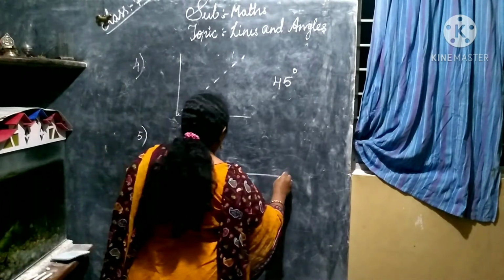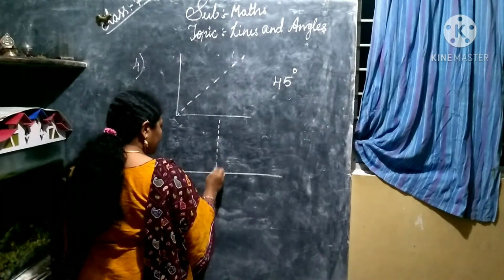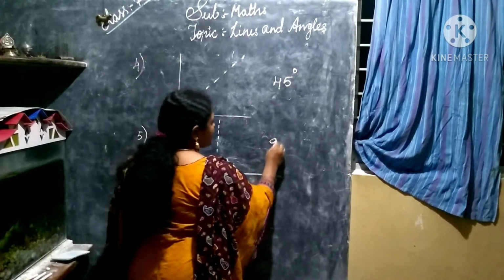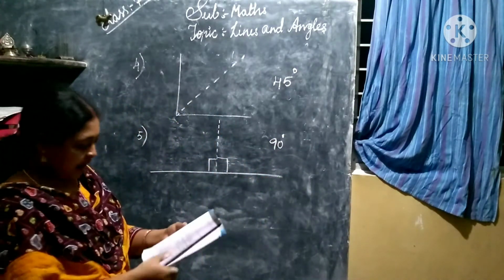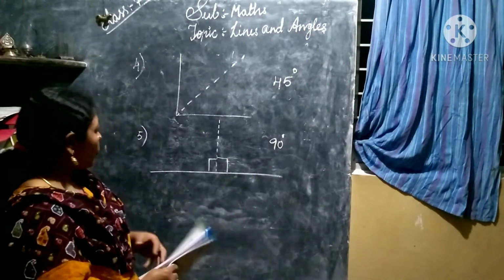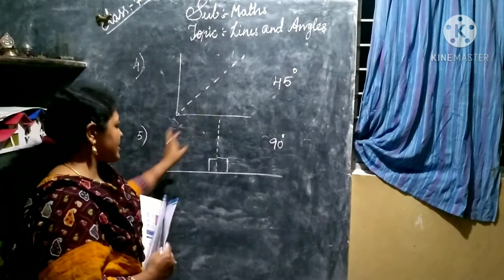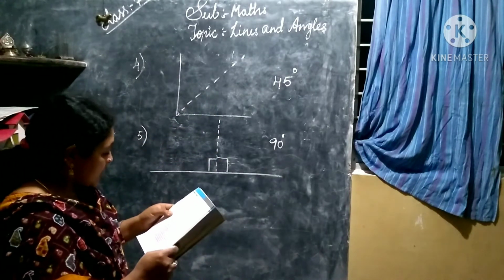When you take equal to its supplement, you should get 90 degrees. Therefore, the answer is 90 degrees. Hope you understood this. Is it clear? So let us go to the sixth one.